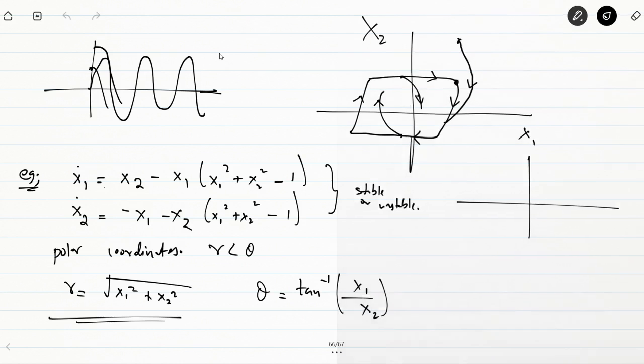You can also plot x1 versus x2, that's the phase portrait of the system, and see whether there is a closed curve on the phase portrait or not.